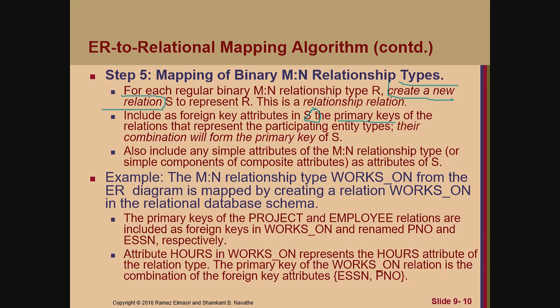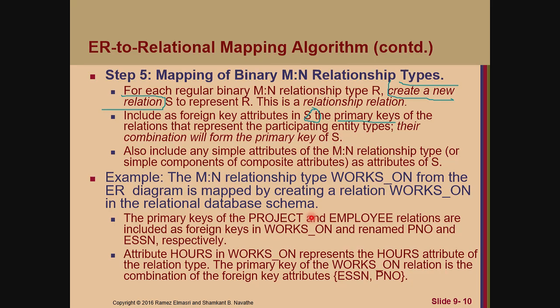Also include any simple attribute of the many-to-many relationship type as an attribute of S. For example, Works On. Works On, not Works For. Works For is employee and department, but Works On is project and employee.